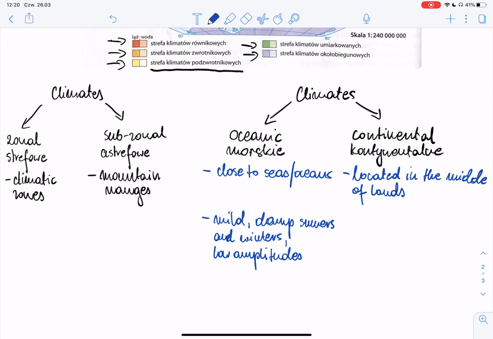If it comes to continental, then they are much more severe. Freezing winters, hot summers, and huge amplitudes of temperatures.